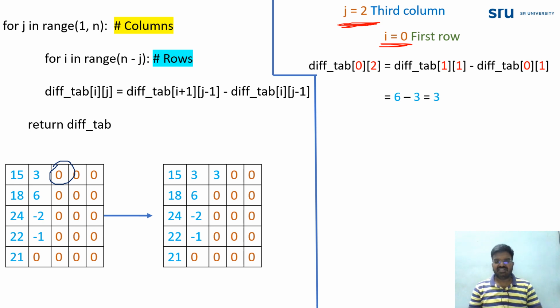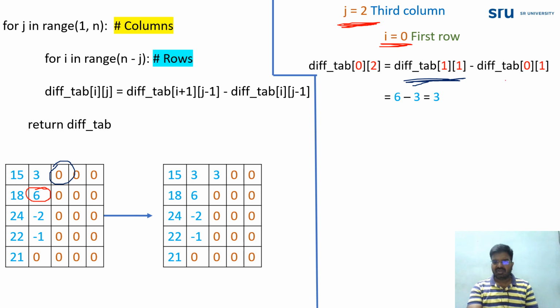To find this difference in the formula, I have to put i equal to 0 and j equal to 2. See, with this substitution, you can observe here, i equal to 0, j equal to 2 gives the index 1, 1. Index 1, 1 means second row, second column element. Looking at the table, second row, second column, it is 6.